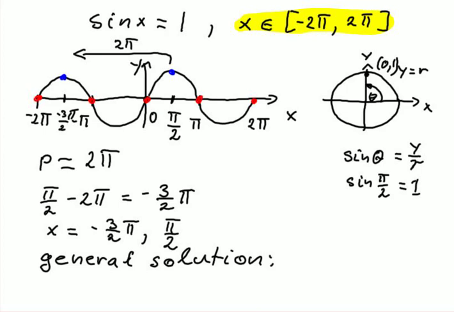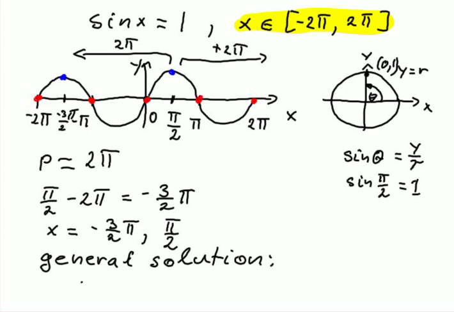Every 2 pi radians you go up and down back to 0. So going to the right, when you add 2 pi, you will generate another point on the graph where y will be 1.